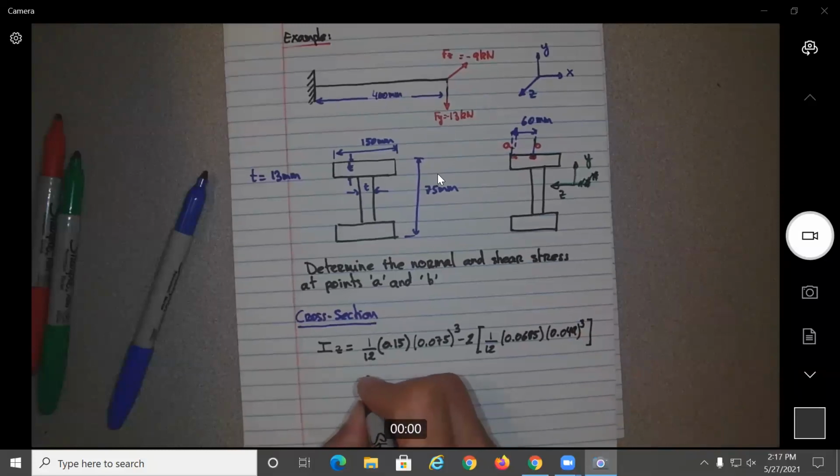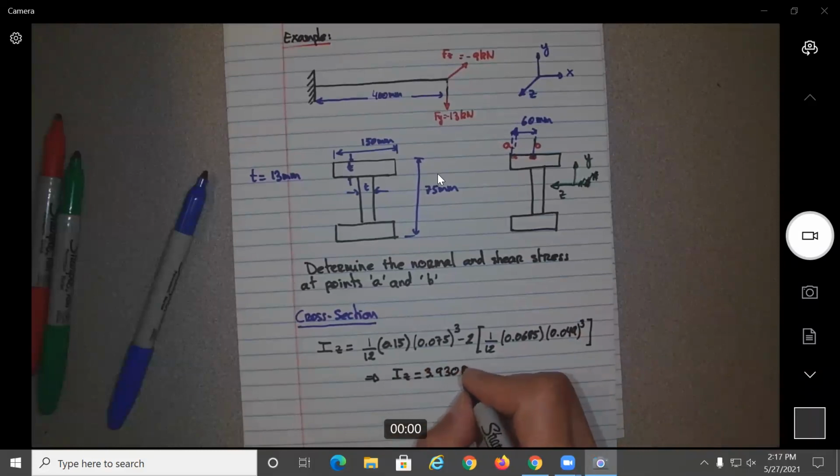Okay, so this will give us an I sub z of 3.9303 times 10 to the minus 6 meters to the fourth.